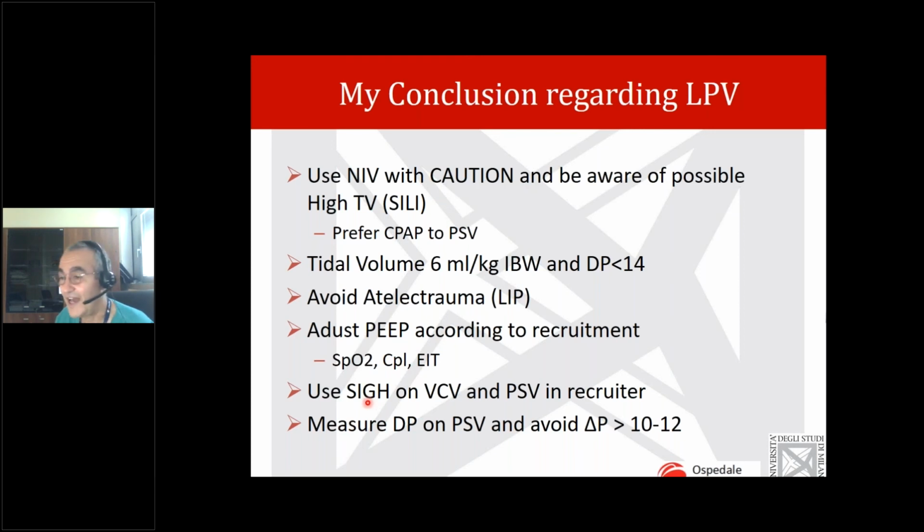Use the sigh on volume control and pressure support to improve recruitment in a recruiter patient. It is safe, it is not dangerous, and we do apply it. And finally, measure driving pressure on pressure support, and if it's higher than 12, consider reducing it in any case. Thank you very much for your attention.